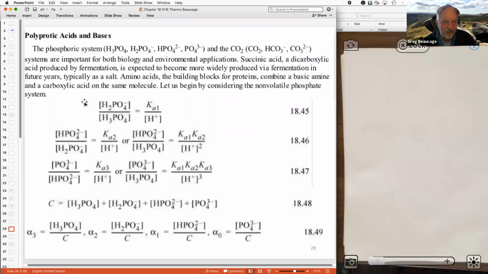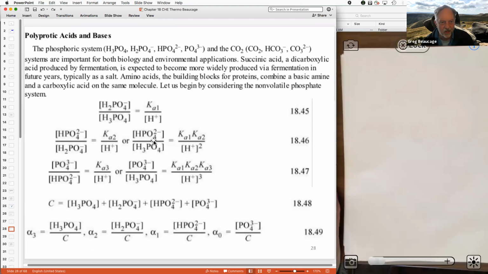So if you have a system that's polyprotic, this is just the same thing, but times how many dissociations the thing has. So if you have phosphoric acid, right? It's got the first dissociation, so that's a Ka equilibrium for that. It's got the second dissociation, right?